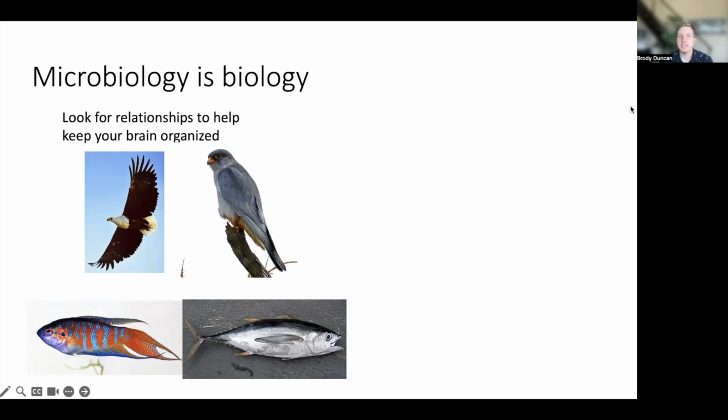But if you start to realize there are these patterns, like, oh, if I see this thing up in the sky and it has wings, then those are different types of birds. And if I see this thing in the ocean and it has these flipper fins and this smooth body shape, then those are fish. These are tools that can help you categorize different types of organisms in your brain.